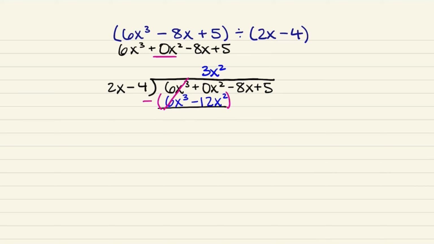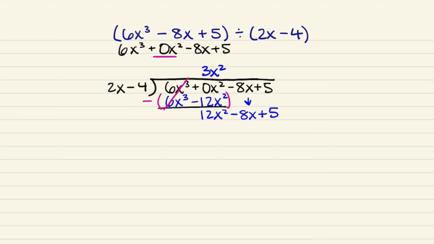And careful here, we're doing 0x squared minus negative 12x squared. So minus and negative turns into a positive, which means we will have positive 12x squared here. And we bring down the rest, which is minus 8x plus 5.